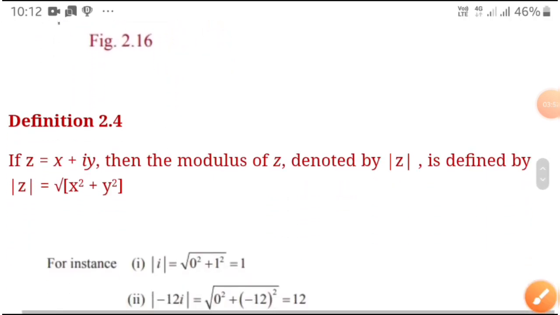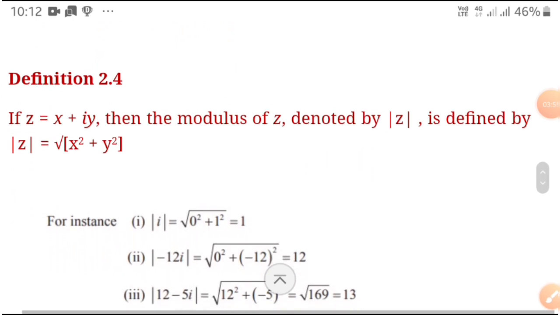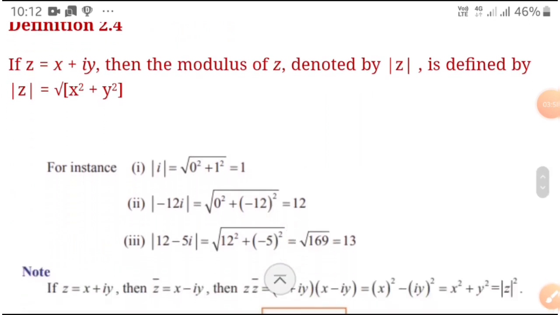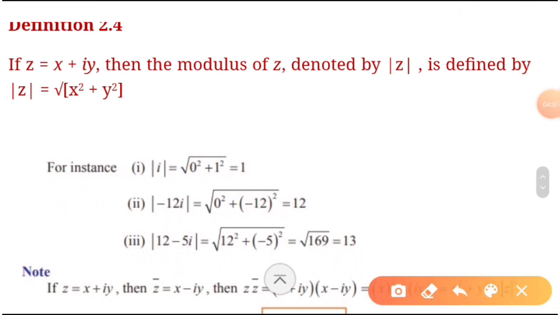Next, definition 2.4. If z is equal to x plus iy, then the modulus of z, denoted by modulus of z, is defined as the square root of x squared plus y squared.